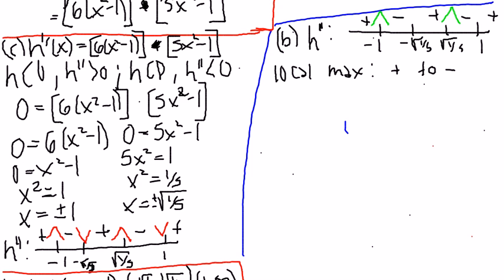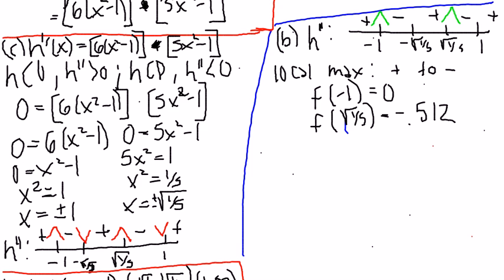And it asks us to find the values of local maximums or minimums, not just the points. So we need to plug in. So first, if we plug in f at negative 1, we'll get 0. And if we plug in f at root 1/5, we will get negative 0.512 about.